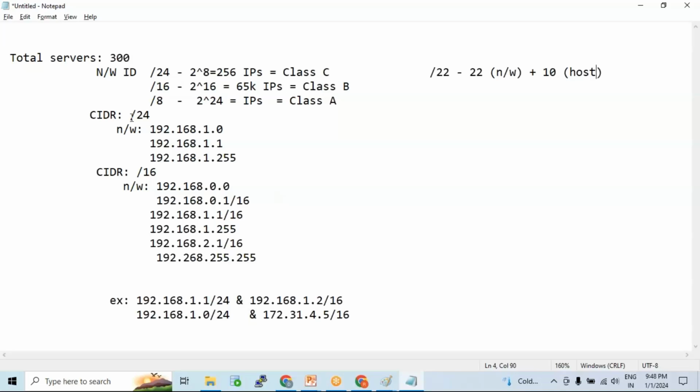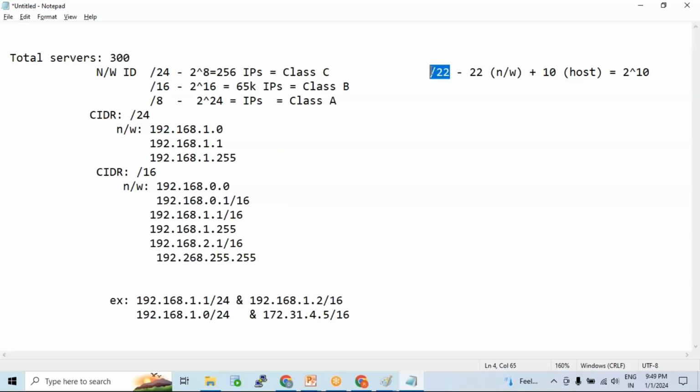As per the concept, whichever IP you use is converted into 32 bits. In that, 22 bits for network purpose, 10 bits for host purpose. So in this case, if you use slash 22, you will get 2 power 10 IPs that you can generate.